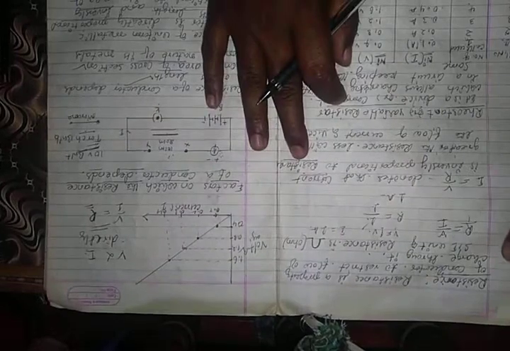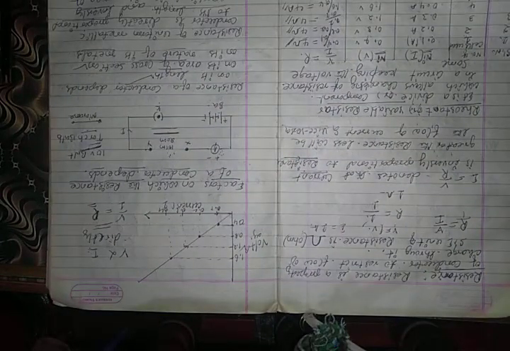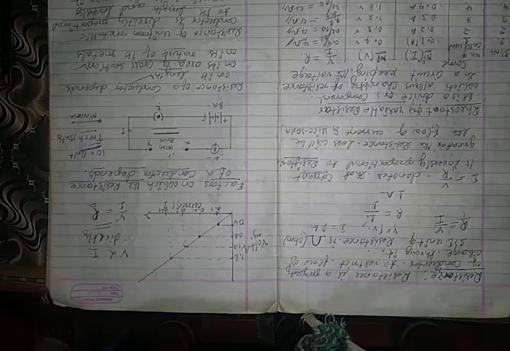This is Ohm's law: V is proportional to I, that is V by I is equal to R, which is constant. After that, resistance, rheostat, variable resistance, and factors on which the resistance of a conductor depends.